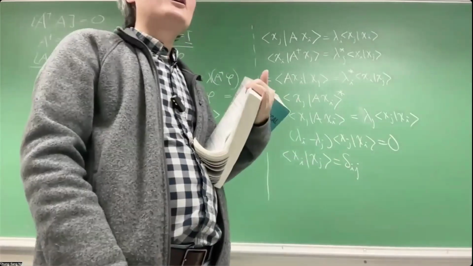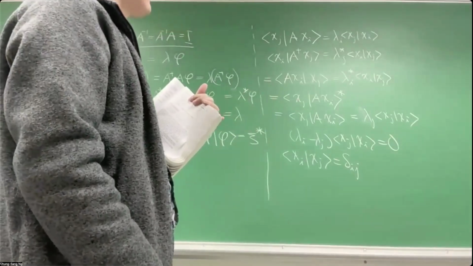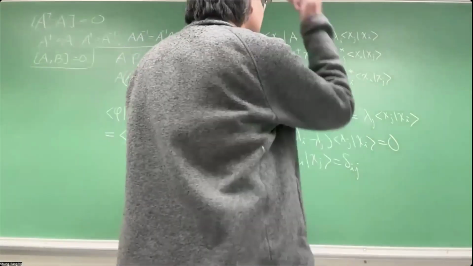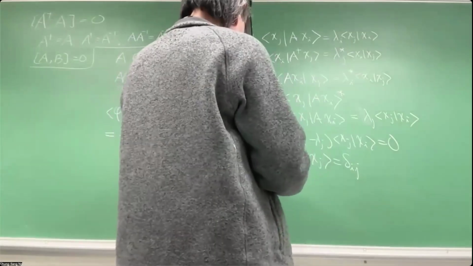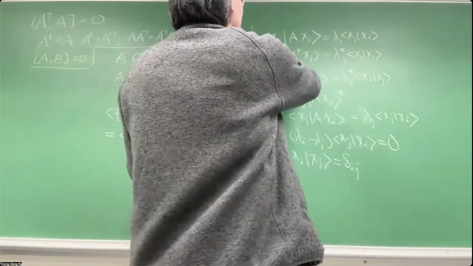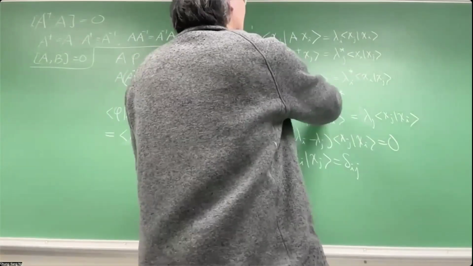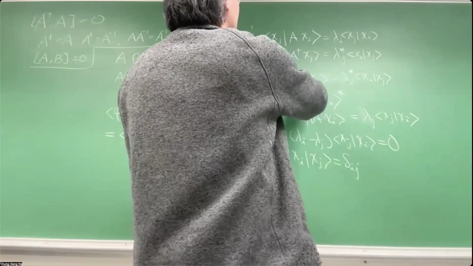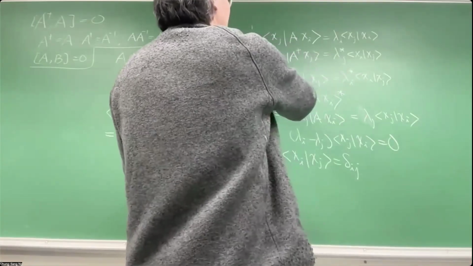It's similar to what we did for the Hermitian operator, but this is for the normal matrix, and they still have the same property that the eigenvectors form an orthonormal set.